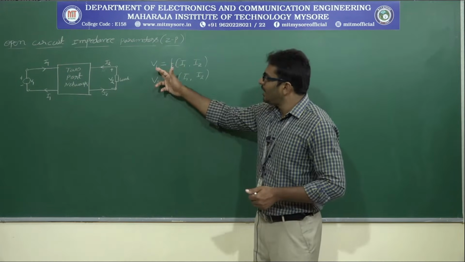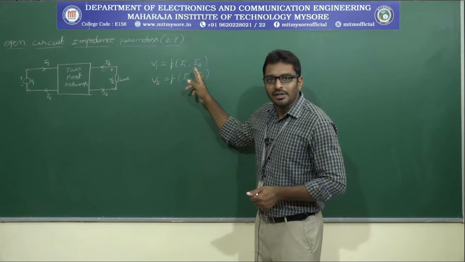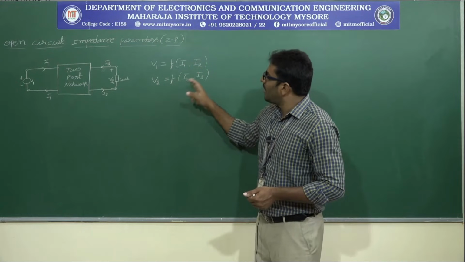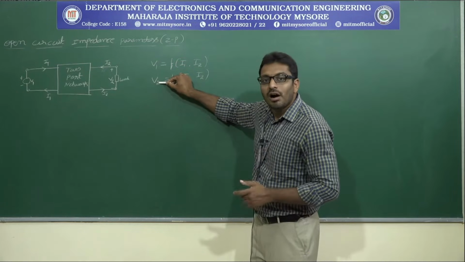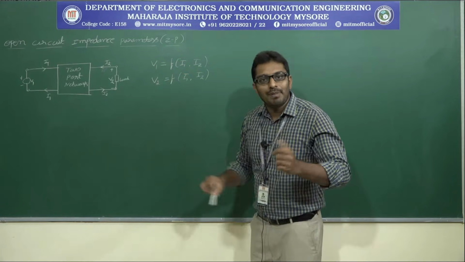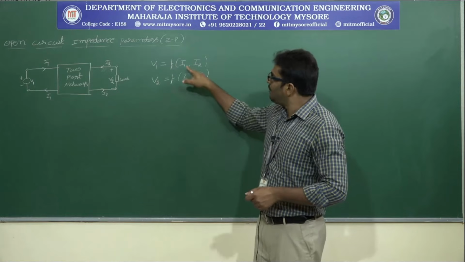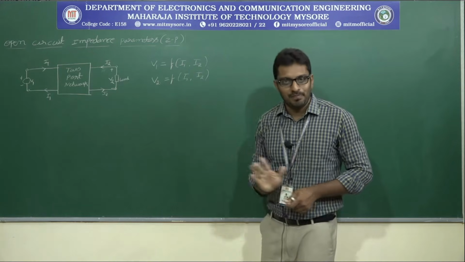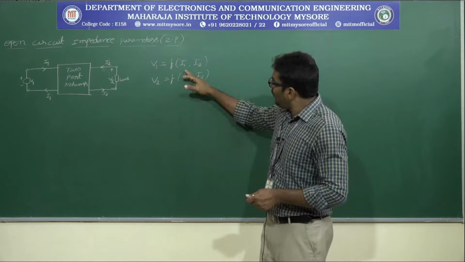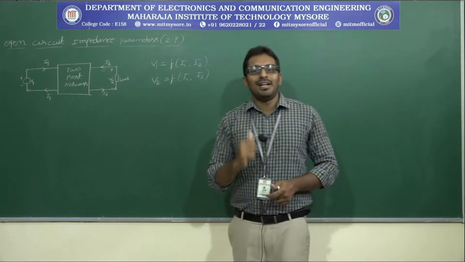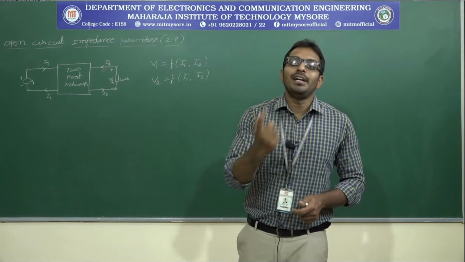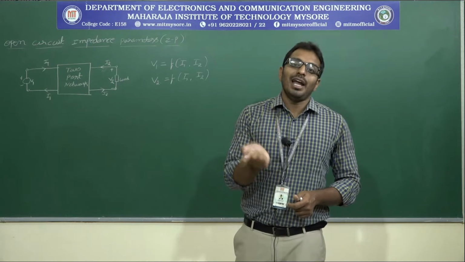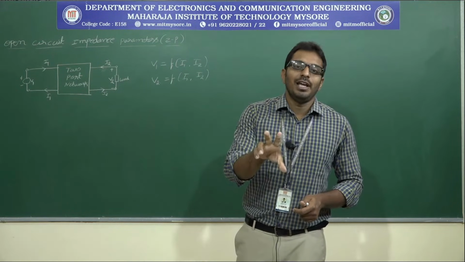Therefore, V1 is a function of I1, I2, and V2 is a function of I1 and I2. Therefore, V1 and V2 are dependent variables, and I1 and I2 are independent variables.